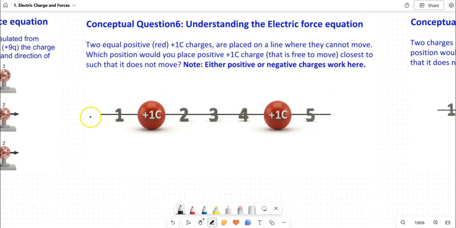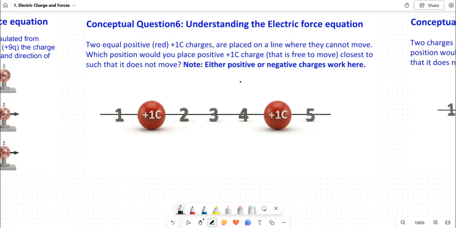They are anchored in place and cannot move. Now you're going to put another charge somewhere on this number line, either positive or negative, but in this case let's put a positive 1 Coulomb charge on this number line such that it can move. But you need to put it in a place where it won't move.